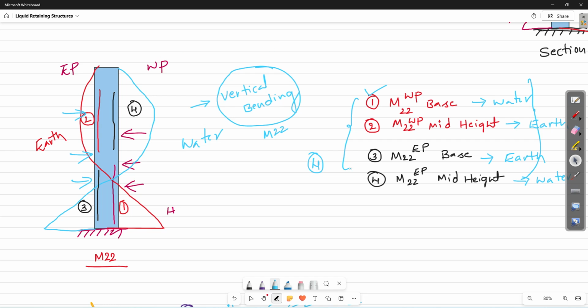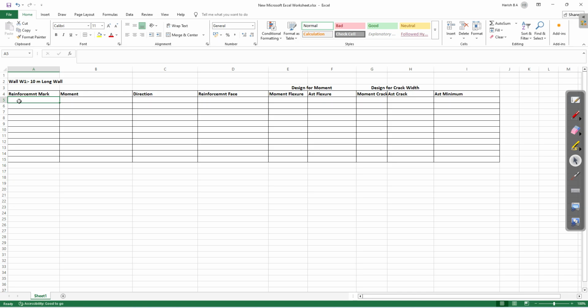Whatever I explained in these concepts, with regard to the 10-meter wall, which is wall 1, in the Excel sheet I will first write wall 1. So W1, W1, W1, W1, W1, W1, W1. Okay.